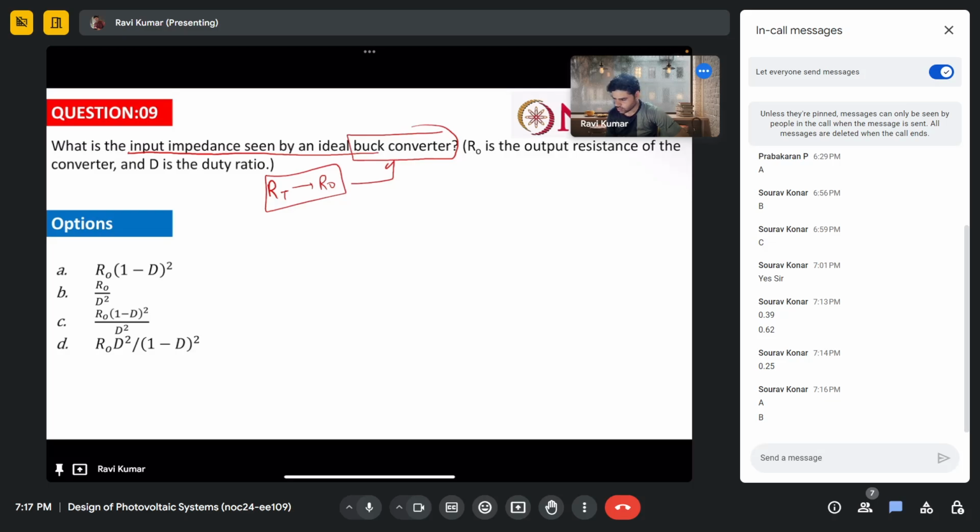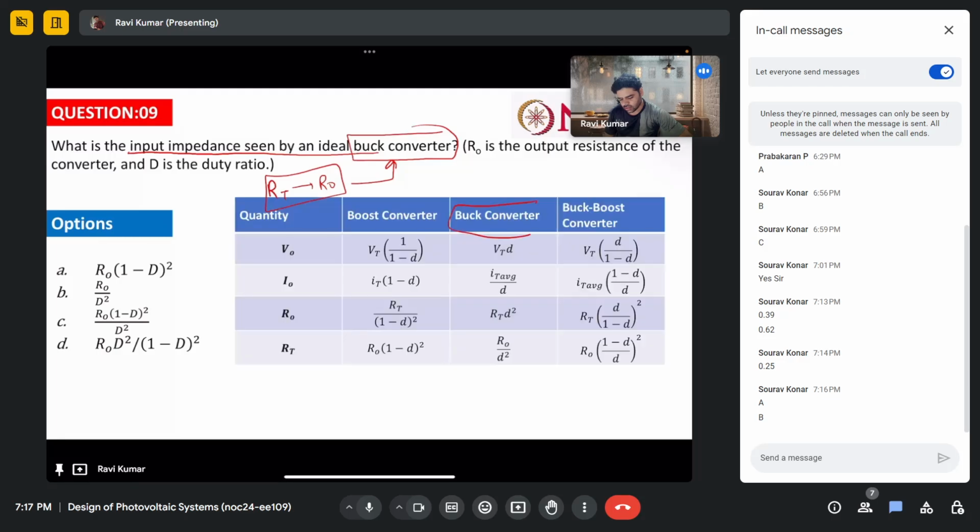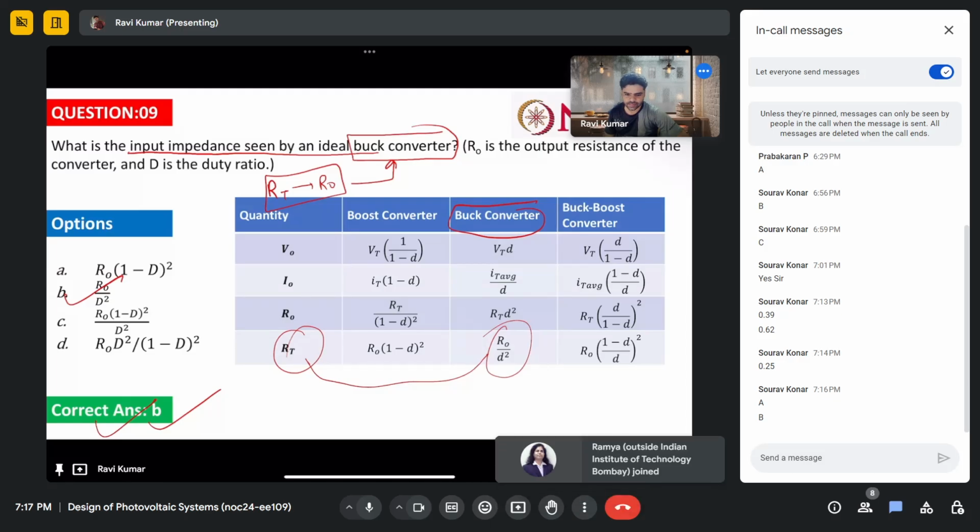Saurav said B. This is the table for the buck converter. RT is related to this. Yes, B is the correct answer. So this table is very handy. You have all the relations at one place and you can use them.